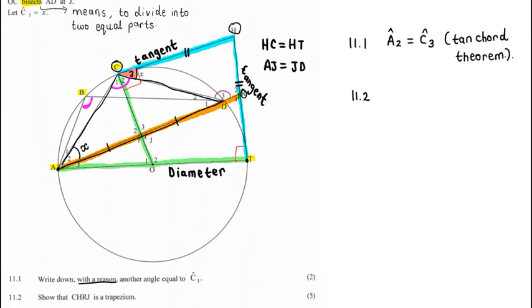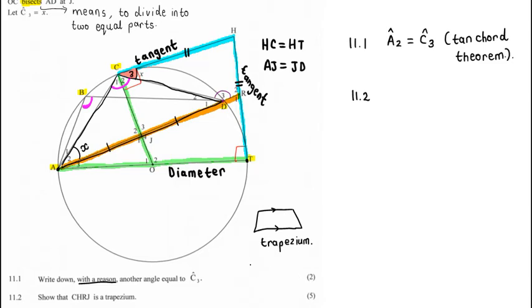So we just need to show that that figure is a trapezium, which means all that we need to do is to show, remember a trapezium is just a quadrilateral that has at least one pair of opposite sides parallel. That is a trapezium. So if we can just show that one pair of opposite sides is parallel in this figure, then we have shown that it is a trapezium.